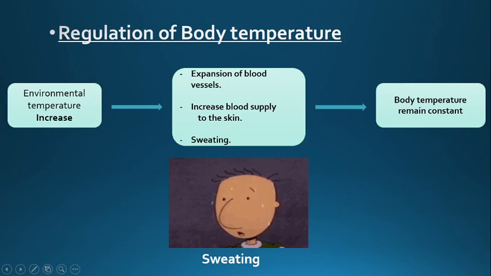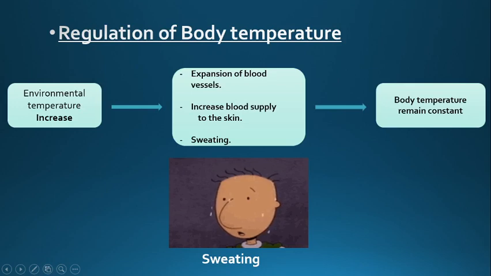When the environmental temperature increases, the blood vessels inside our skin expand. Expand means they increase in size, so the blood supply also increases. Then the sweat glands activate and start sweating.